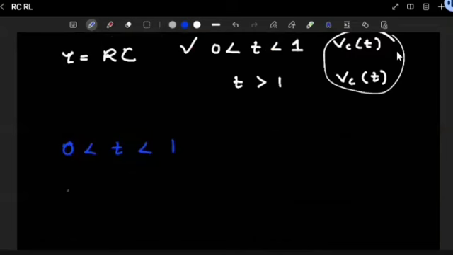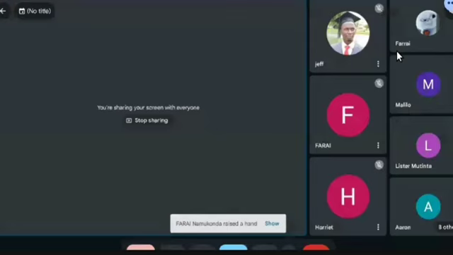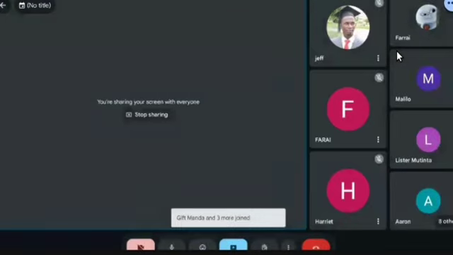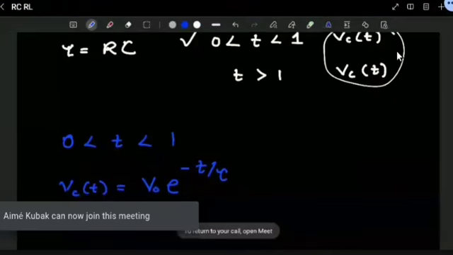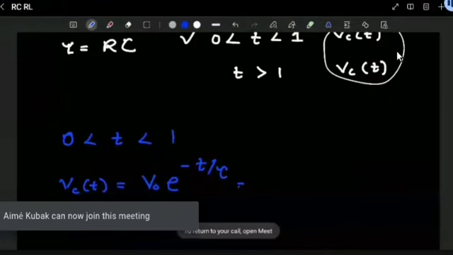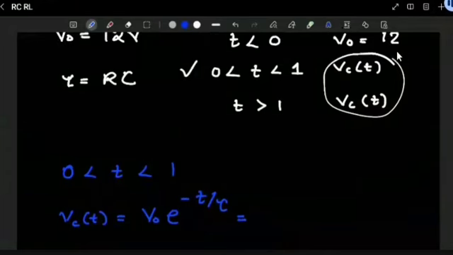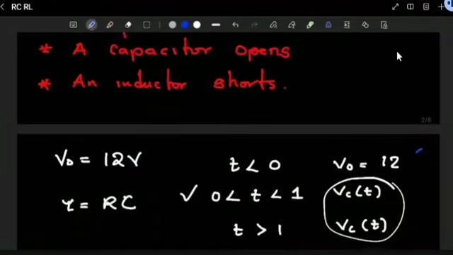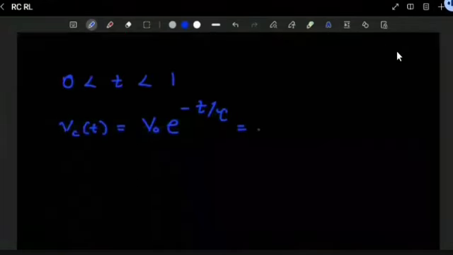So for that part, we want to get V(t), or the same VC. We know it will be given by V0 e to the minus t over tau. V0 is the voltage initially stored, and the voltage V0 is the one we figured out in the previous case, 12 volts.